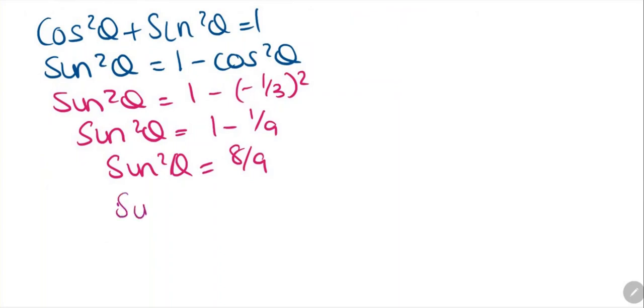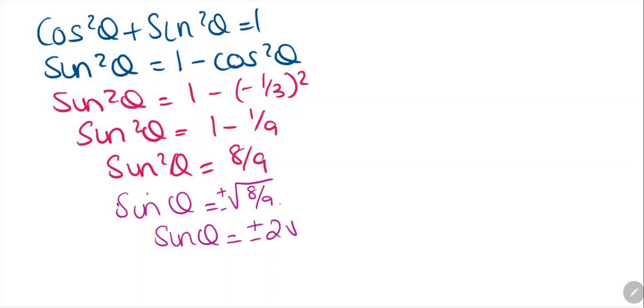So what we need to do is take the square root of both sides. So we'll have sine theta is plus or minus the square root of 8/9, which will simplify to plus or minus 2√2/3.